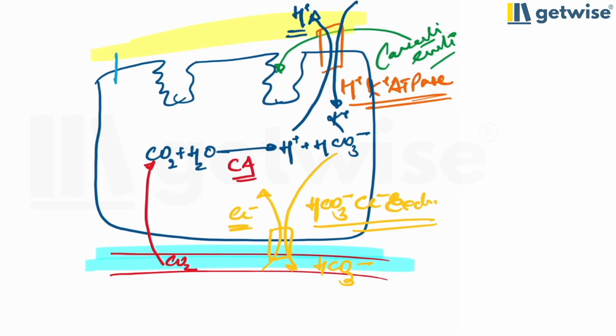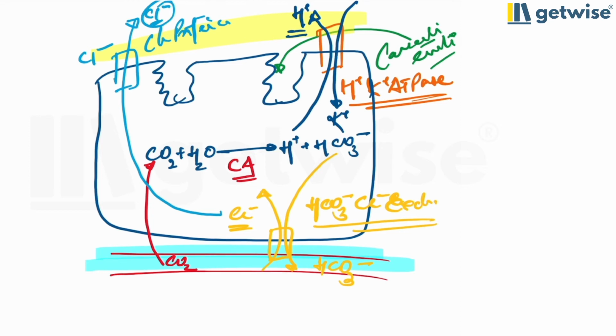This chloride ion diffuses into the lumen from the luminal side through a channel protein called the chloride channel protein. So that's how we get chloride and H plus ion inside the lumen, that is HCl. This is the mechanism of how we get HCl inside the lumen.